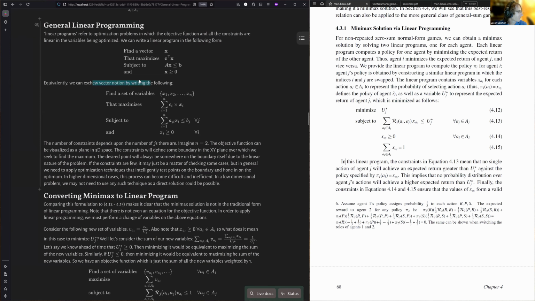We can write this without the vector notation like this, right? So we have a set of variables x where we're maximizing this weighted sum of x. We have these constraints, right? Where we have more weighted sums of x less than or equal to a set of values b, and then all the x's are positive.